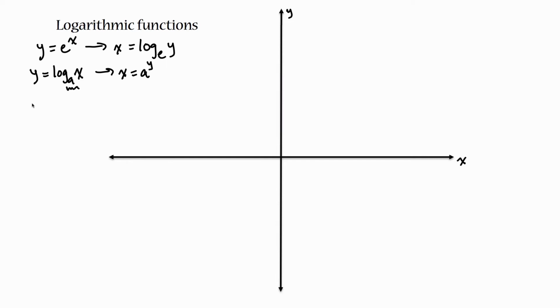Sometimes also people will use log of x to mean log base 10, and they'll use ln of x to be log base e, because ln is the natural logarithm. Since e is a natural number, it's a whole other story.